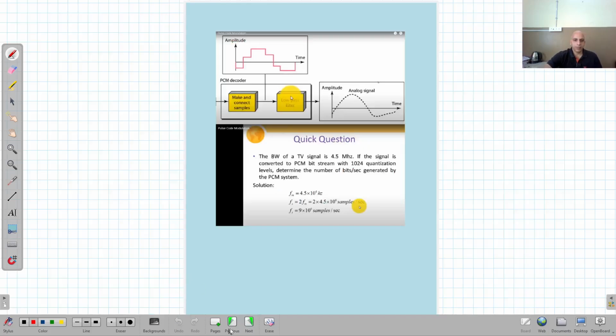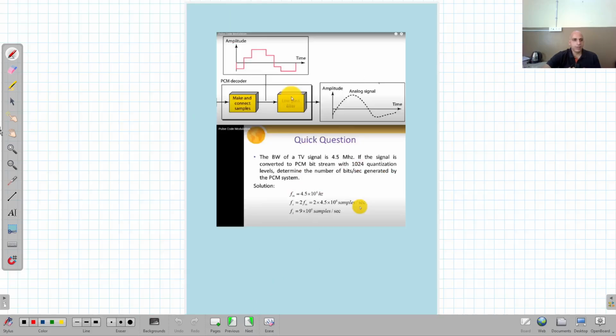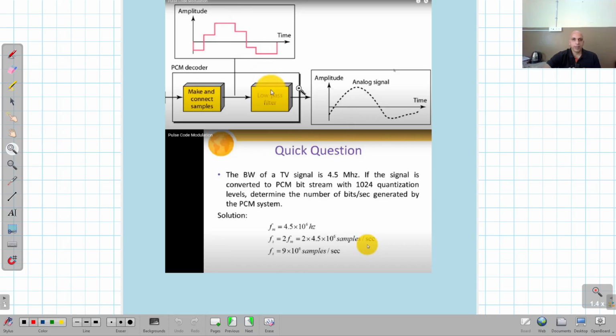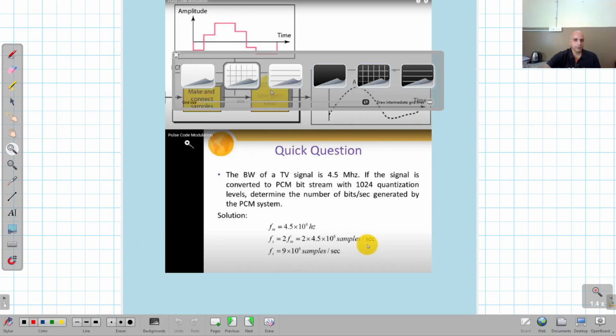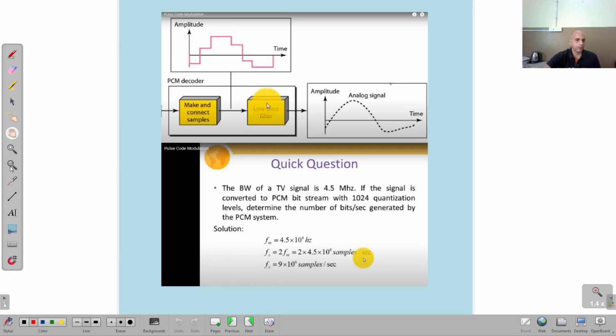You can see here it was a digital information input signal, then it is passed to the PCM decoder, then a low pass filter, then the sample and hold circuit, and finally we get the message signal. You can see here this is the final message signal that is recovered, right?